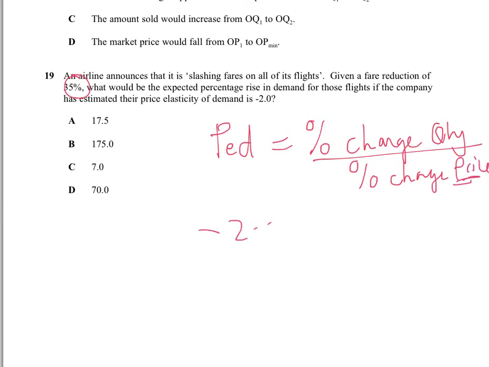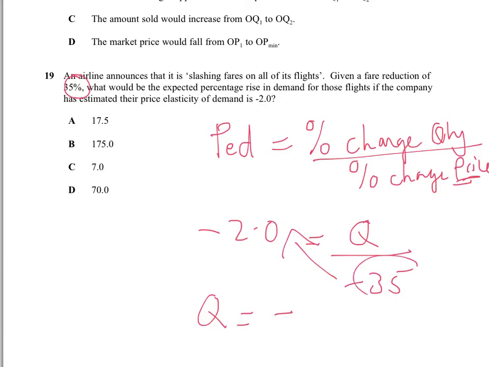PED is -2. However, percentage change in quantity, we don't know, that's what they're asking. Over percentage change in price, there's a fare reduction of 35%, -35. So to get Q, it's minus, multiply these. This is divide, take it over. 2 lots of 35, 70%. The answer must be D.